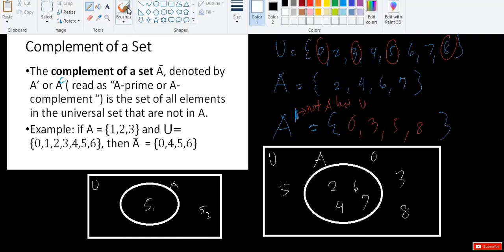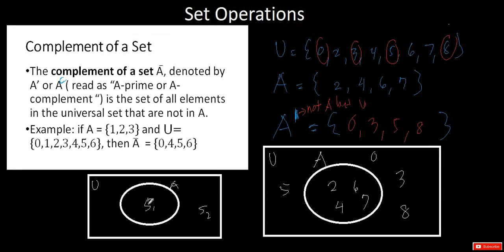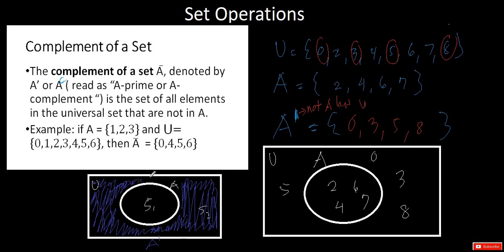Now, what region of the Venn diagram shows the result of A complement, and we are going to shade it. Okay, so the region that represents A complement is S sub 2. So this is the region of the universal set that is not in set A. So outside circle A, but inside the rectangle. Okay, that's it.